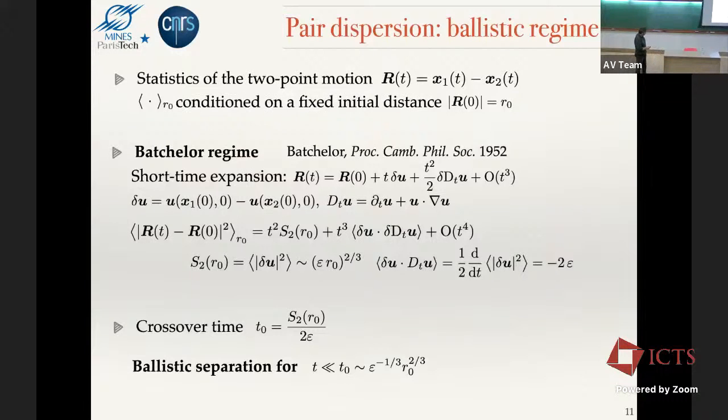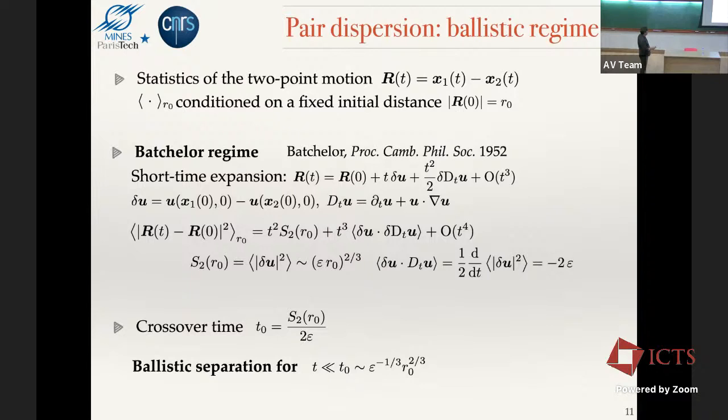Now if I use this and compute the mean square increment of the separation between particles, I take their separation at time t minus their initial separation, squared, and average over all the pairs which are separated by R0.